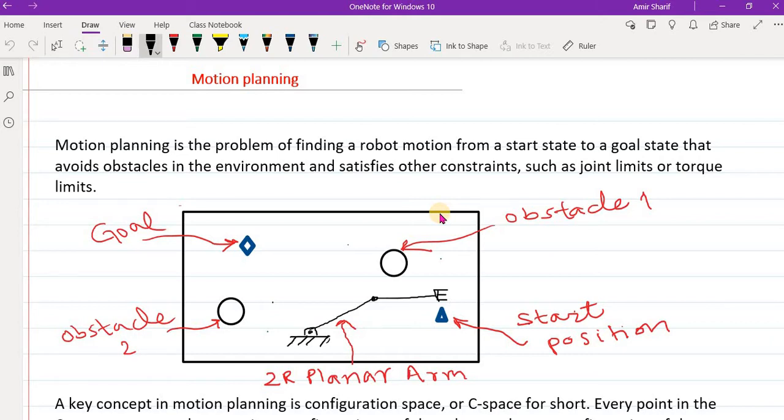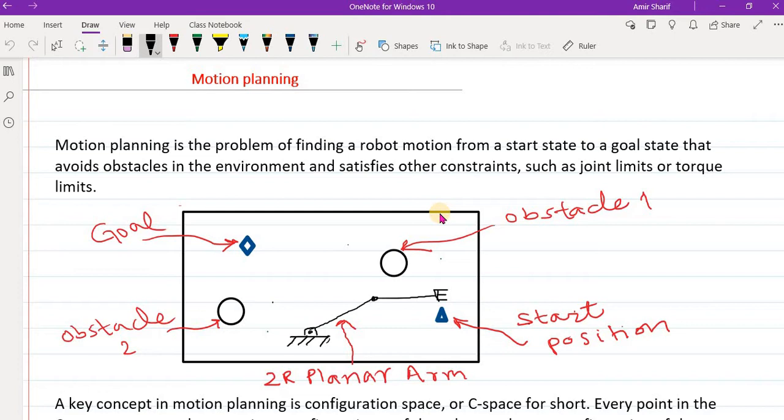So normally the task is to pick an object from the start position, using this gripper, and then, avoiding these obstacles, the end effector gripper should move in the world, reach the goal position, avoiding collision with the obstacles, and then place the object there.